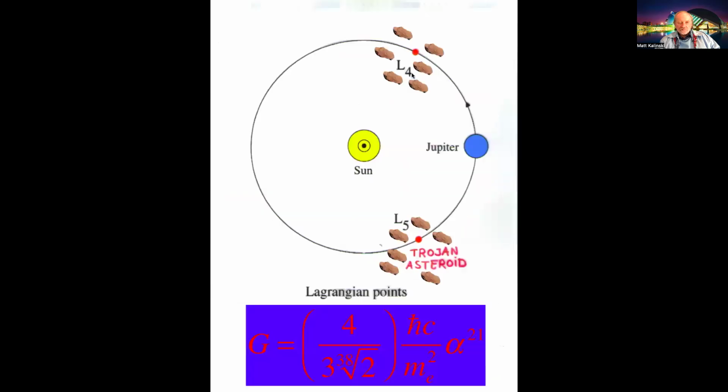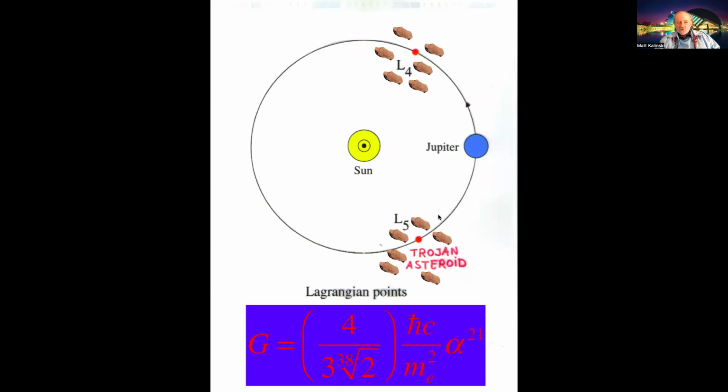the problem mathematically maps onto an old astronomical problem of Trojan asteroids. Trojan asteroids are basically big stones orbiting the sun in phase with Jupiter, and they are located at the so-called Lagrange equilibrium points L4 and L5.